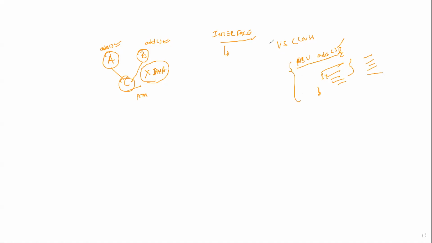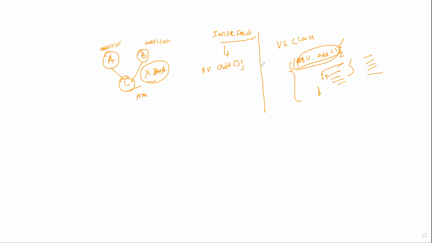Whereas in interfaces, we will have only the declaration. There would be no implementation. So if I want to define this, I write public void add, and then I just close it. I will not even have the implementation or the body.